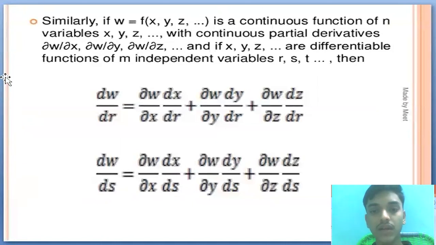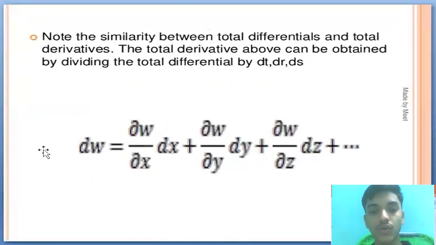Similarly, if the functions x, y, z are differentiable functions of m independent variables r, s, t and so on, then with respect to r we take the partial derivatives with respect to r, and with respect to s we replace r with s in each partial derivative.